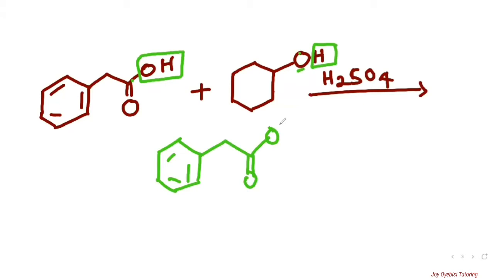Okay, and then the oxygen from the alcohol group would combine with all the other things attached to it, and that is the product of that reaction. Okay, so now let's look at the mechanism.